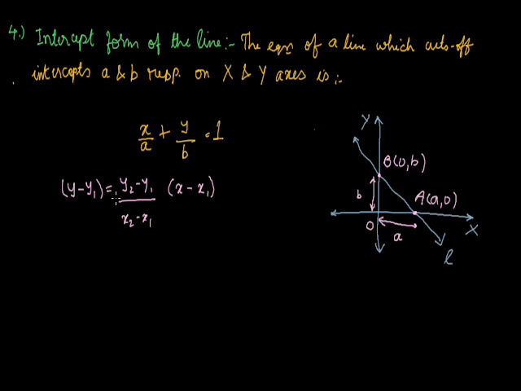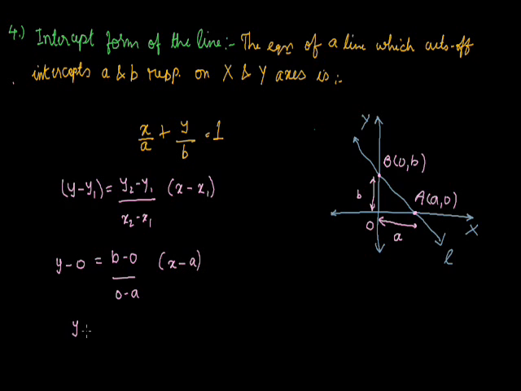I'll substitute x1 and y1 coordinates as a, 0 and x2 and y2 coordinates as 0, b. So I'll substitute x1 as a, y1 as 0, x2 as 0 and y2 as b. So I'll get y minus 0 is equal to (b minus 0) upon (0 minus a) of (x minus a).